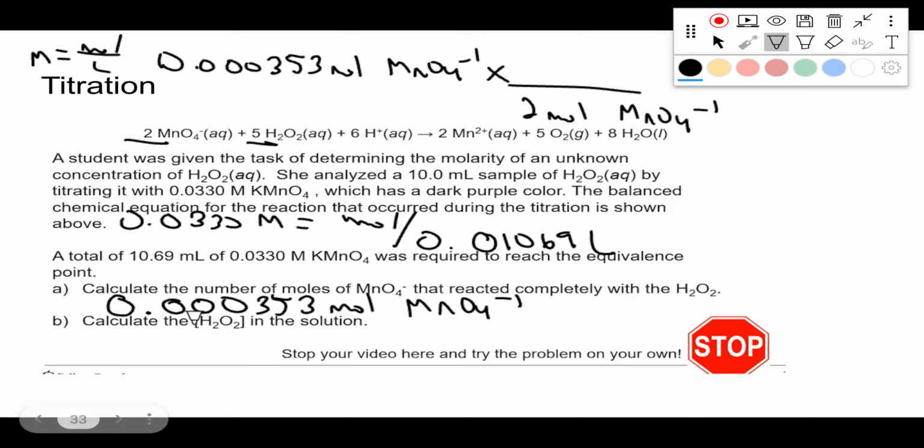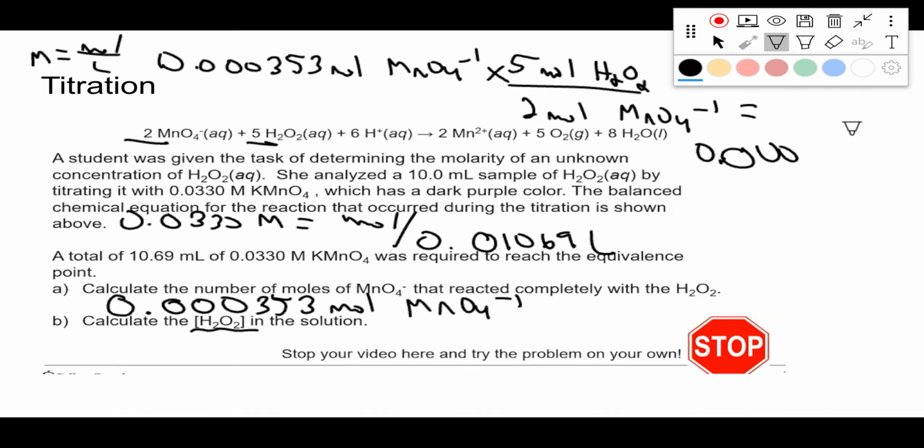And I'm trying to get to H2O2. That's my unknown. So I'm getting to moles of this. So I'm going to do 5 moles of hydrogen peroxide, which is H2O2. So then I'm going to take my 0.000353 times 5 divided by 2. Again, to 3 sig figs, this is going to give me 0.000882 moles of H2O2.